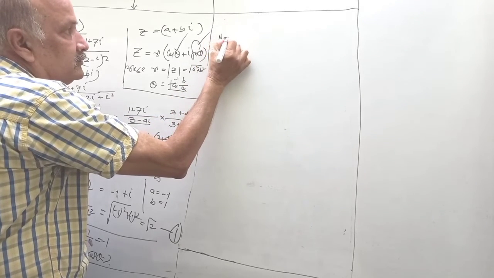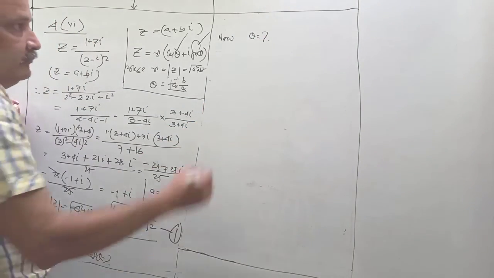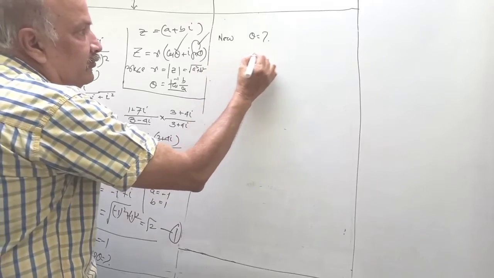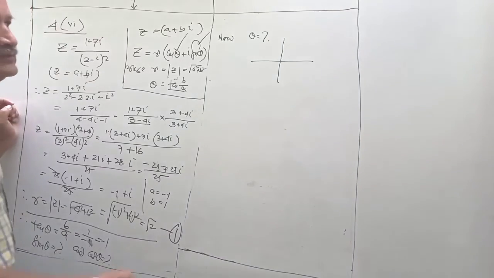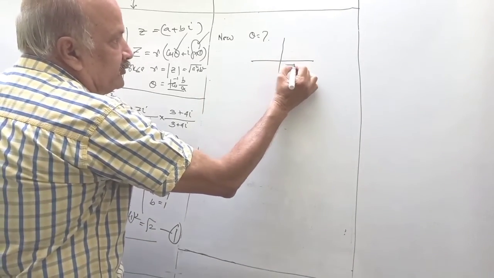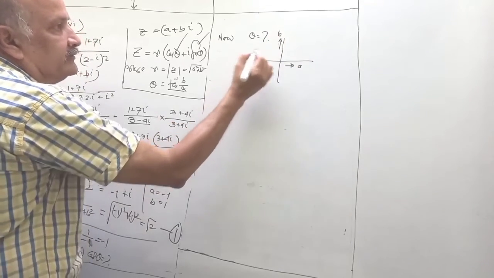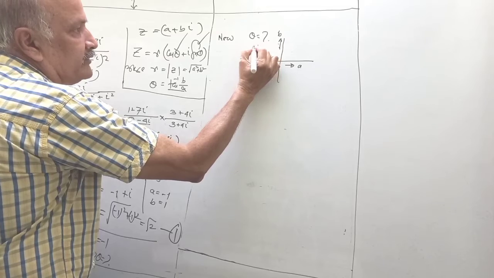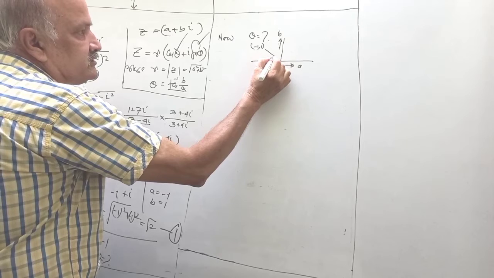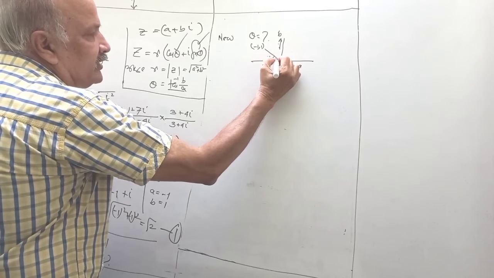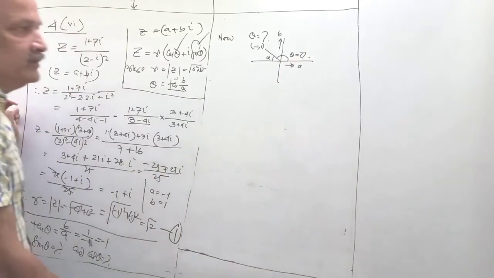Now theta equal to what? For this purpose we have to draw the coordinate system of the complex number, and we know that here this is my real part and this is my imaginary part, and this value is −1 and 1. So naturally this is considered as alpha and this is considered also theta, which is the final value we have to determine.